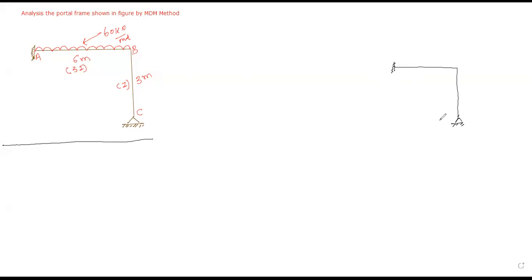Why free? Which kind of point is B? This is A, this is B, and this is C. Why internally? Internal hinge कहाँ से आ गया? Yes, fixed. It is an internal junction, yes or no? In the case of a frame, you can't see a support at a junction of beam and column. But can I say that this is a junction of beam and column? This is your beam and this is your column. Yes or no?